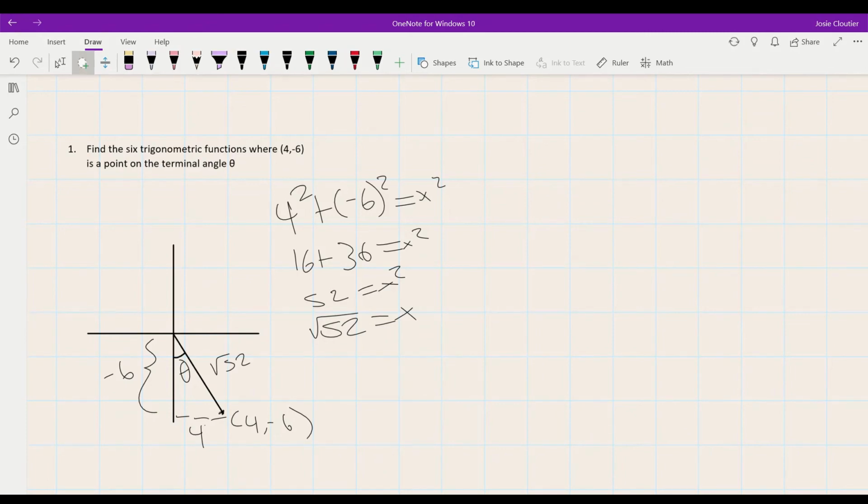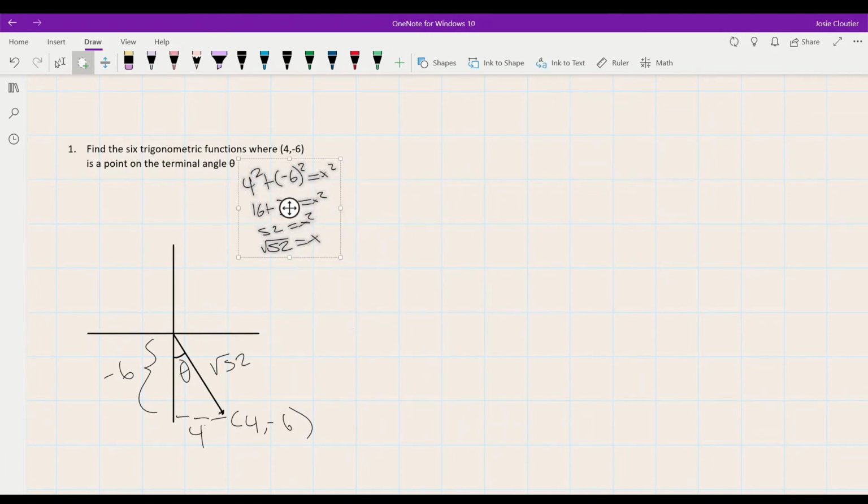Now all we need to do is find our trig functions, all 6 of them. So we know that sine of theta is going to be opposite over hypotenuse. So negative 6. Oops, sorry, not negative 6. 4 over square root 52, right?